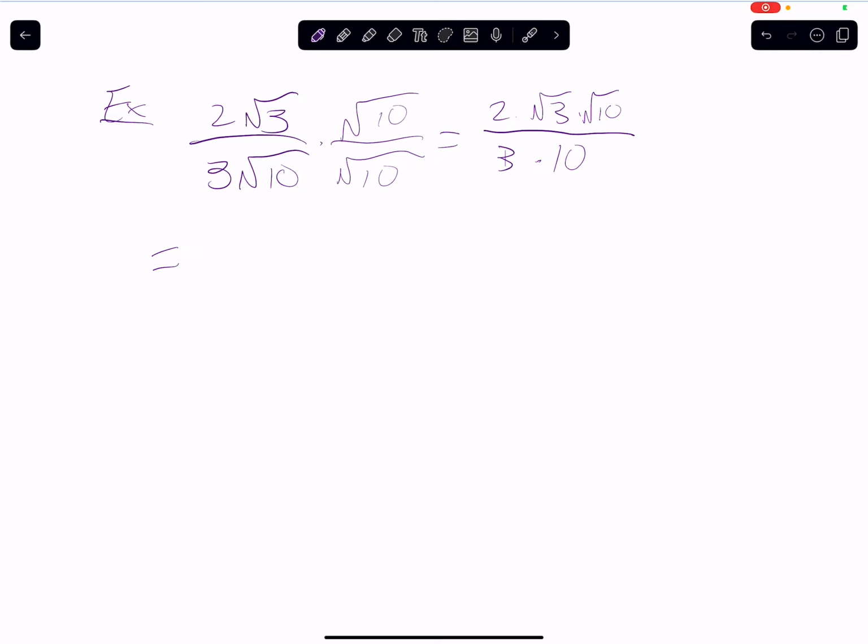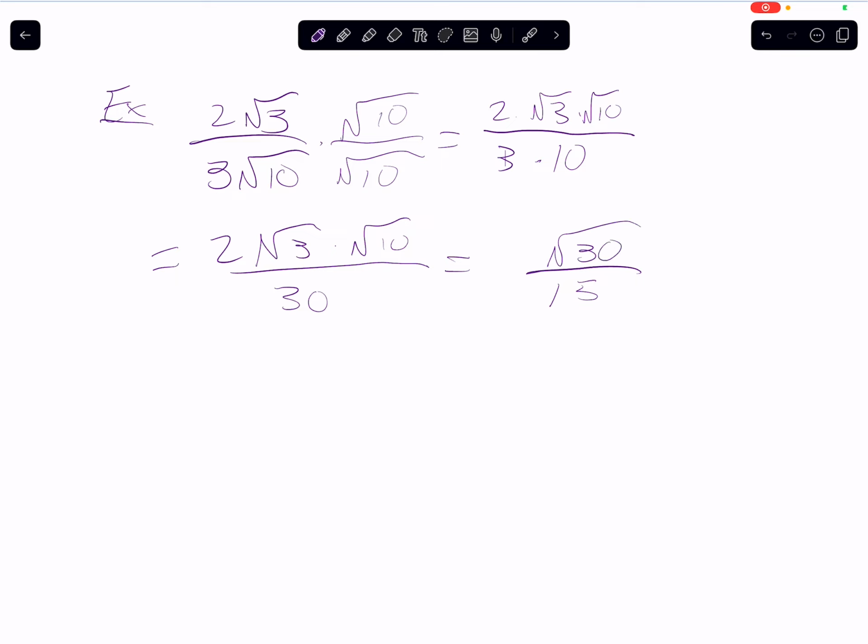So we're left with 2 times the square root of 3 times the square root of 10 over 30. Can we simplify that further? Well, we have 2 over 30, so that gives us 1 over 15. So 15 is our denominator, and we can combine those two radical expressions using the product rule to make that the square root of 30. So the final answer is the square root of 30 over 15.